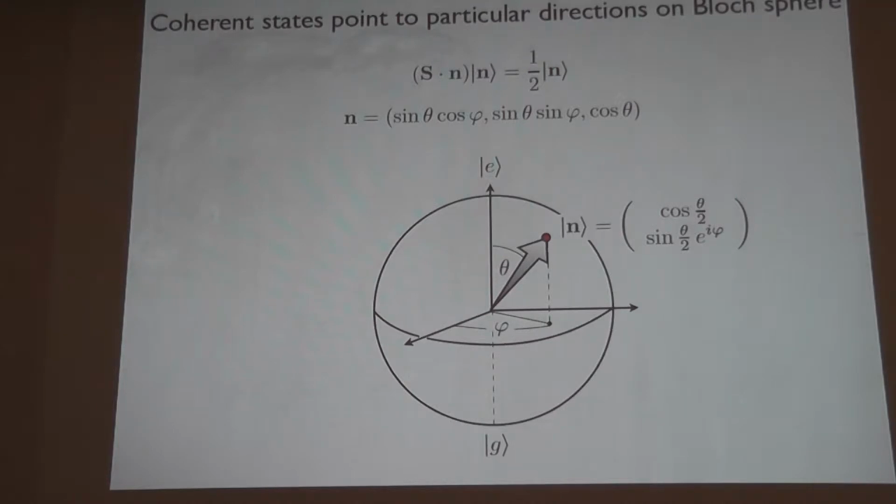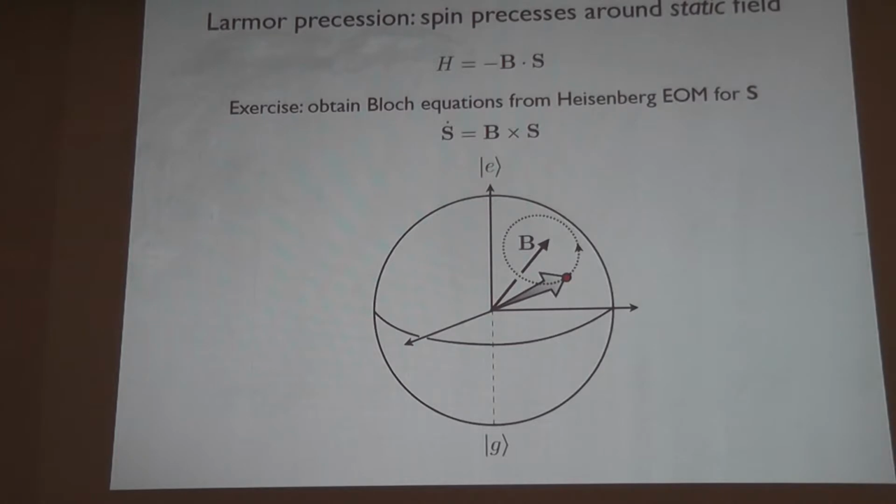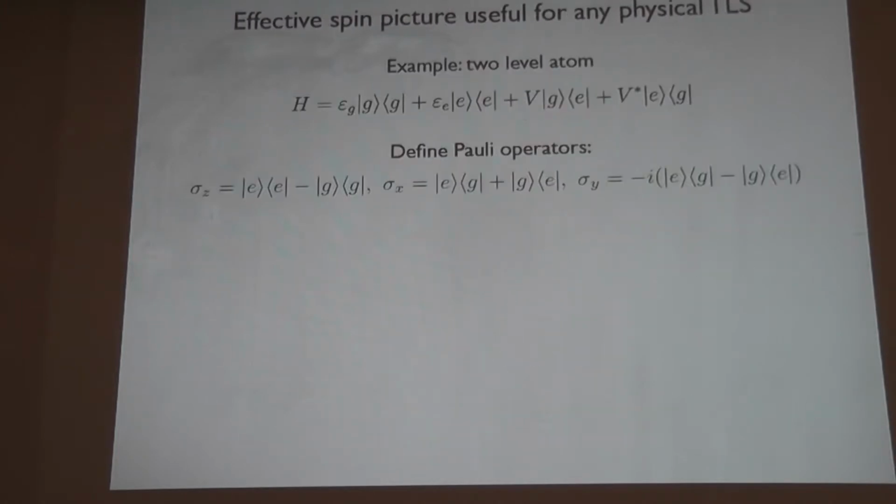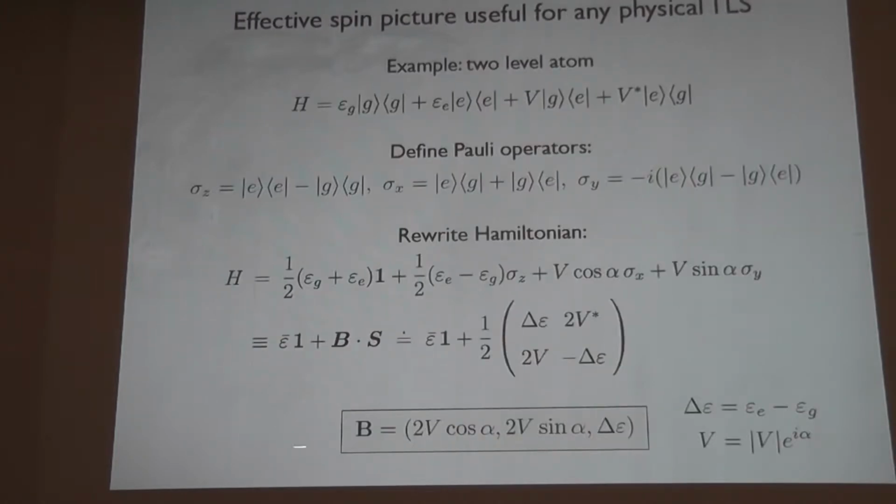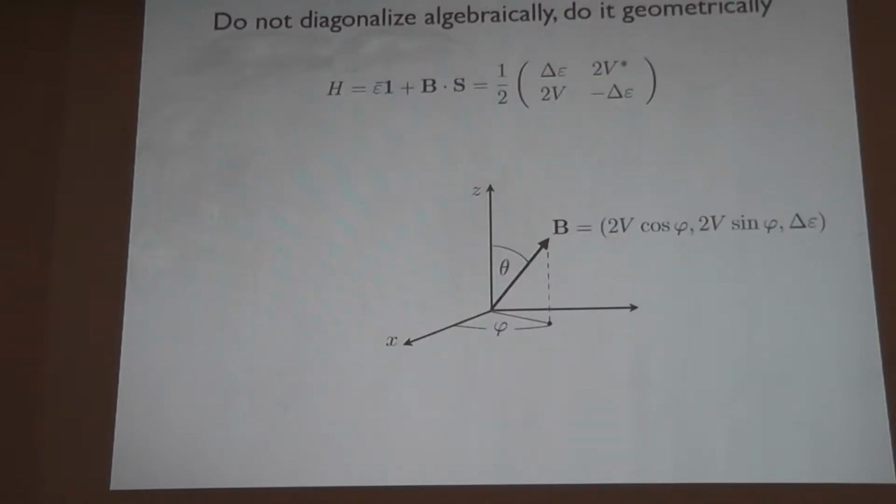You're done. You just have to solve some triangle. Here is our vector. I just have to find out what the angles are that correspond to this field in spherical coordinates, and I'm done. And the energy, the eigenvalue of this thing, is just the length of that vector.